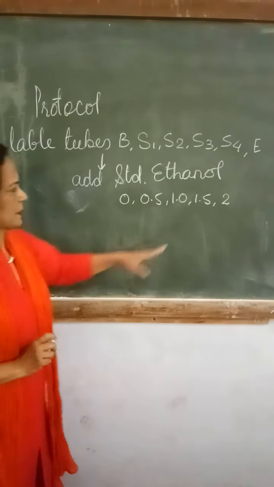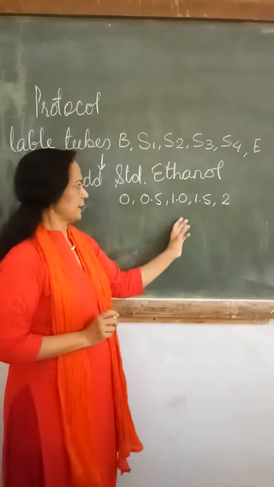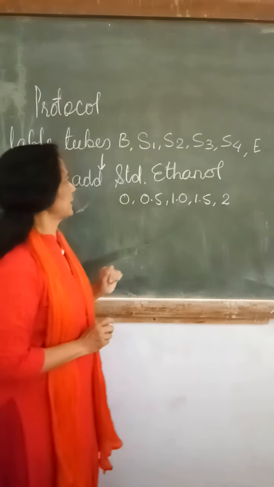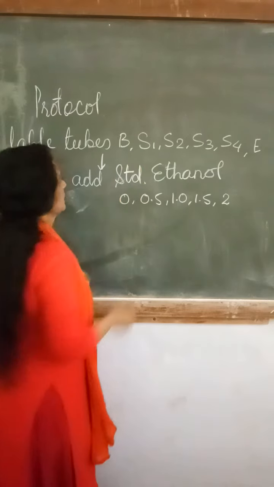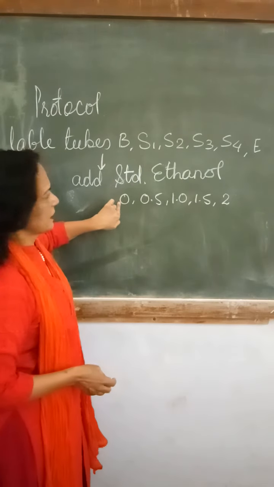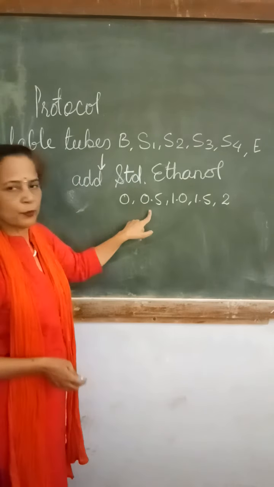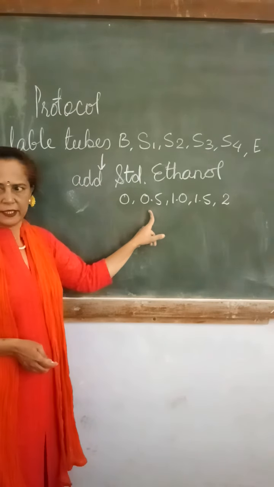For the experiment, you can take any of these quantities, 2 or 1 or 0.5, there is no problem. So in B there will be 0 ethanol, and in S1 there will be 0.5 ml of ethanol, and so on.